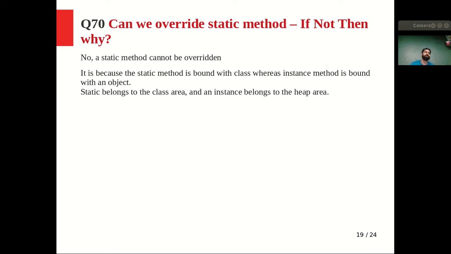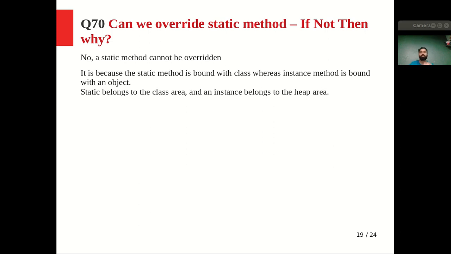And for runtime, we know that it depends on the object at runtime. So when the static keyword comes, the point should come to your mind that it is related to a class. So a static method cannot be overridden.